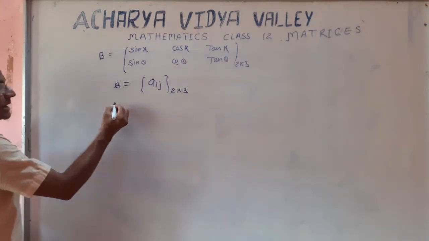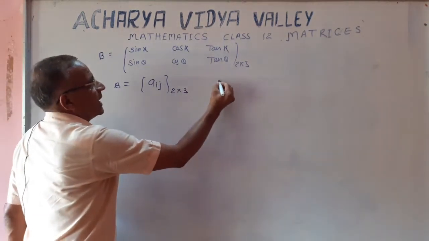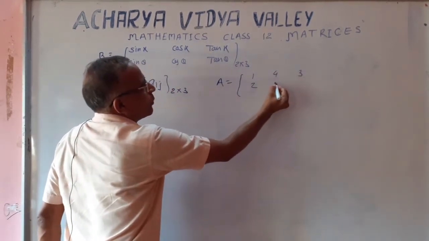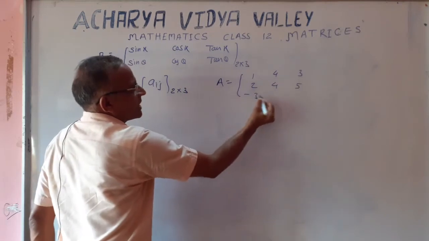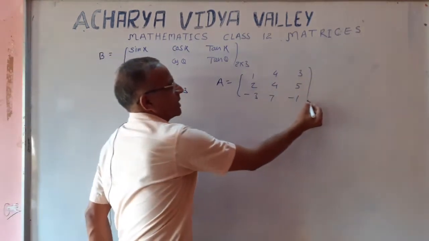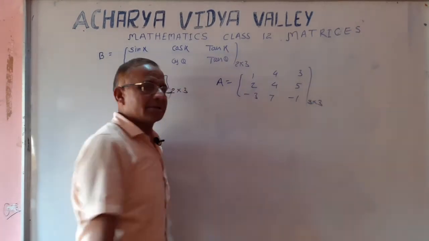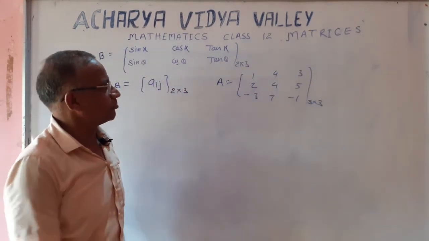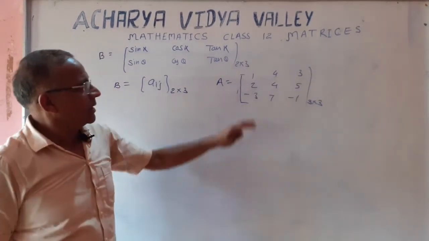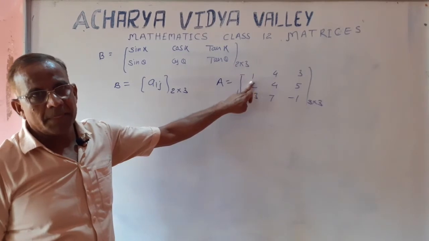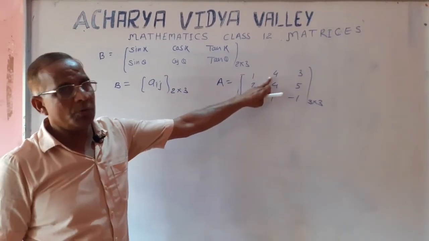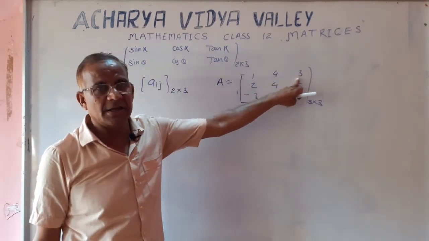Another example of matrix A equal to 1, 4, 3, 2, 4, 5, -3, 7, -1. It is a matrix of order 3 by 3. It is a square matrix. Where A11 is 1, A12 is 4, A13 is 3.